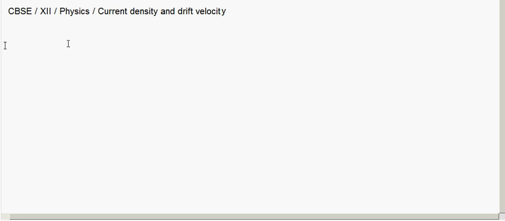Derive an expression for the current density of a conductor in terms of the drift speed of electrons.